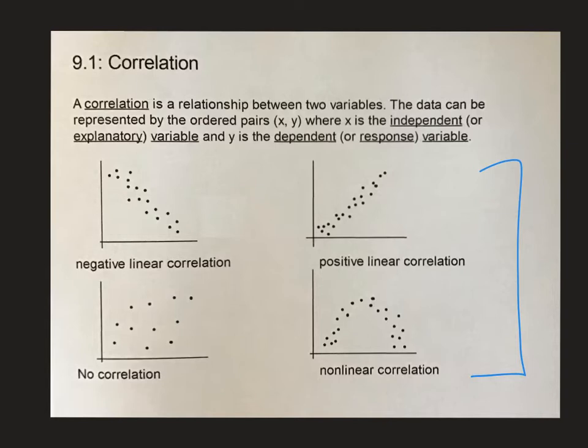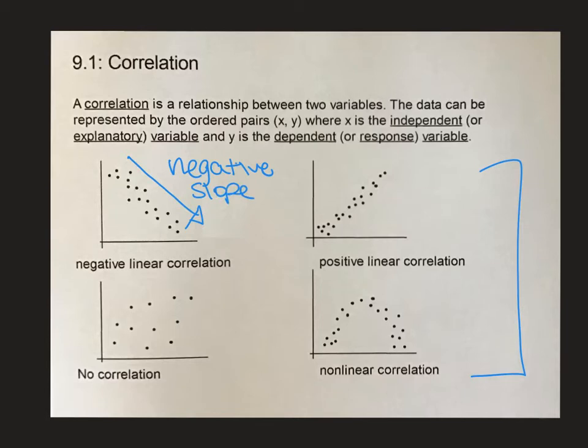So we have four types of correlation. We have a negative linear correlation, so that's generally when all of our data is going down to the right, so it has a negative slope. It doesn't have to be perfect. It just has to generally follow that.